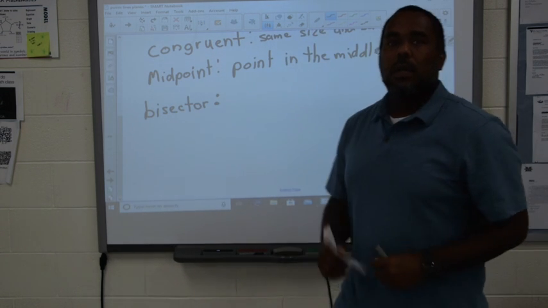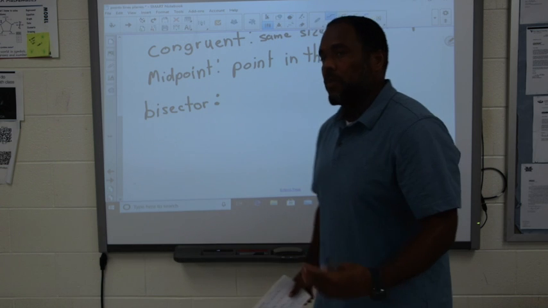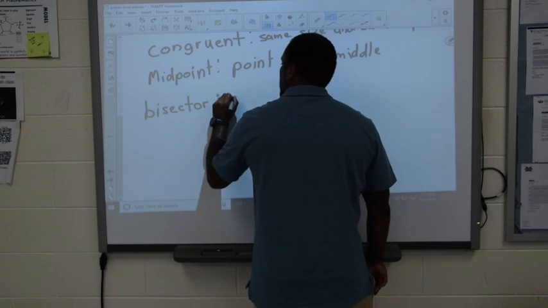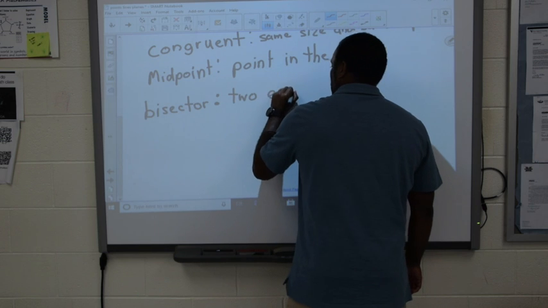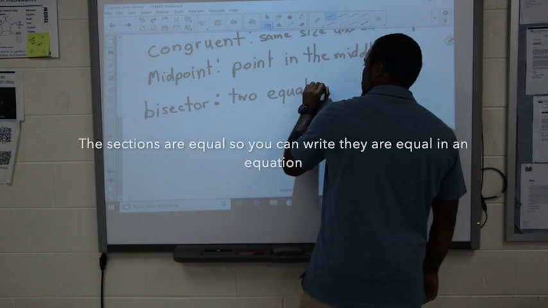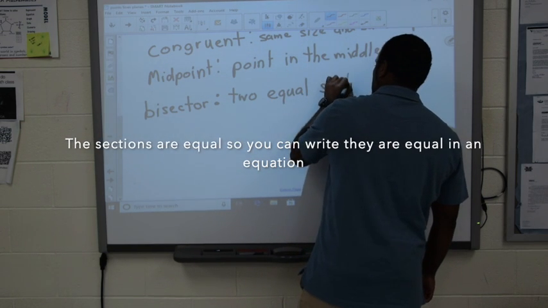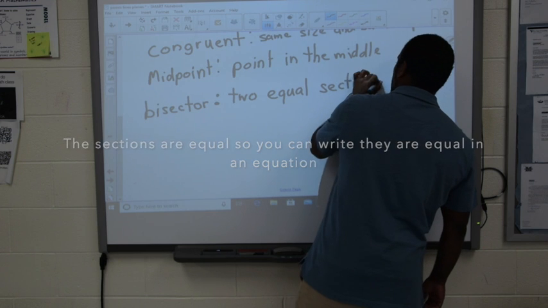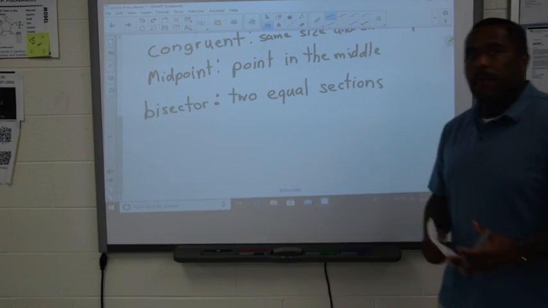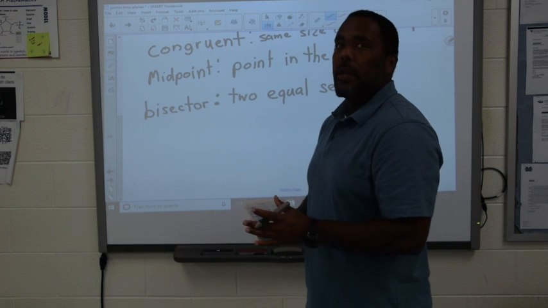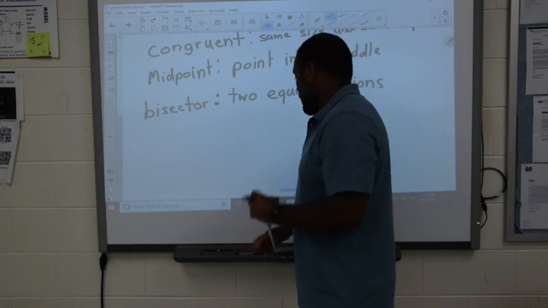Bi meaning two, sector meaning sections. So two equal sections. That is important. The fact that they are equal is going to be very important.